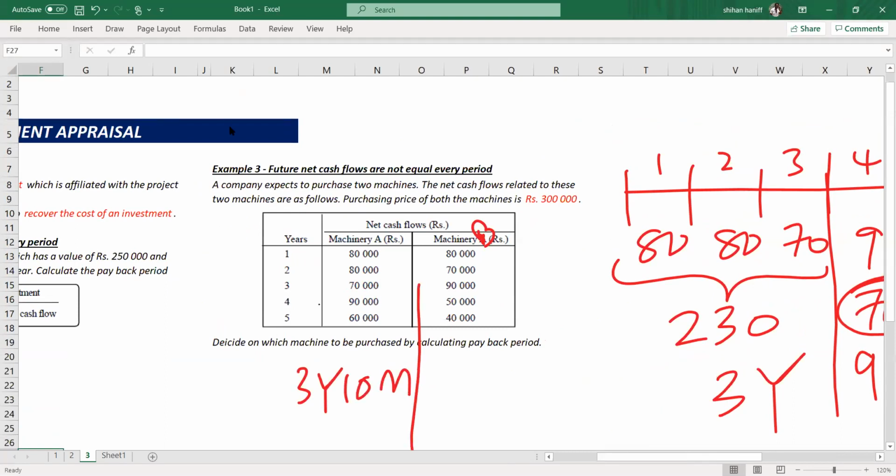Machine B: 80 plus 70 plus 90 plus 50, so it's 4 years.